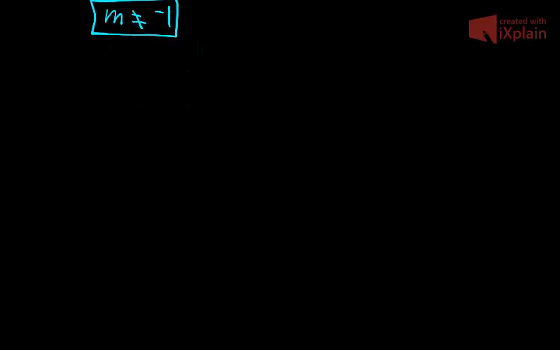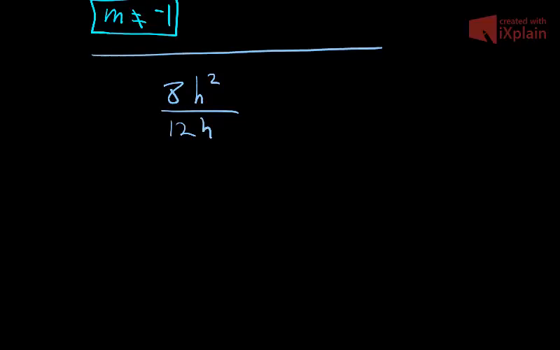So moving forward a little bit, I want to look at how we've simplified some rational expressions before. An example I'll use is going to be 8h squared over 12h. And the way we'd simplify this would be to say I have 8 over 12. I can take out a 4 from both of those.